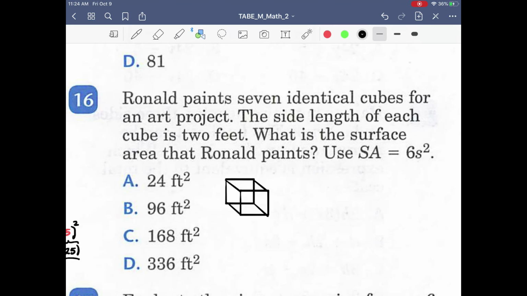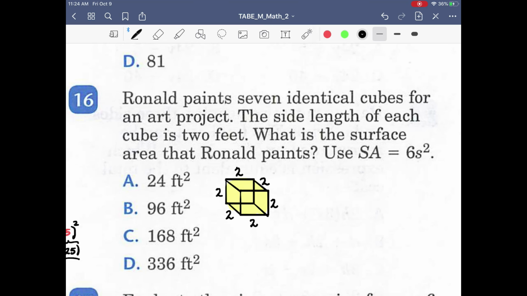So you have a cube that is 2 feet on every single side. That's what makes a cube, that perfect dimension. And he has 7 of these. Now this is important. It's not just one of them. He has 7 that are identical. So the surface area is this, if he were painting this cube, how much area is he going to paint?